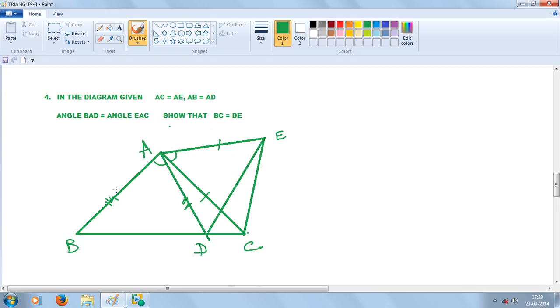Angle BAD is equal to angle EAC. Show that BC is equal to DE.